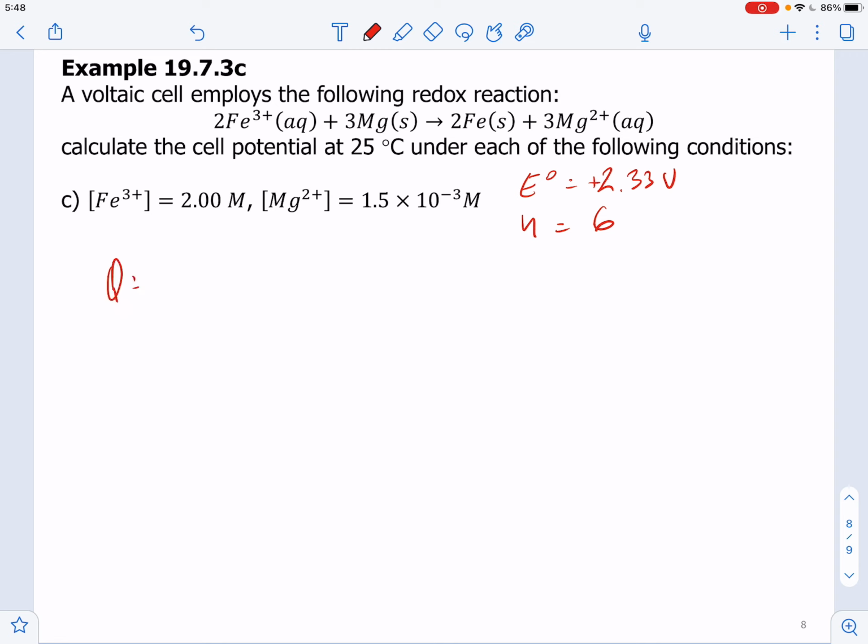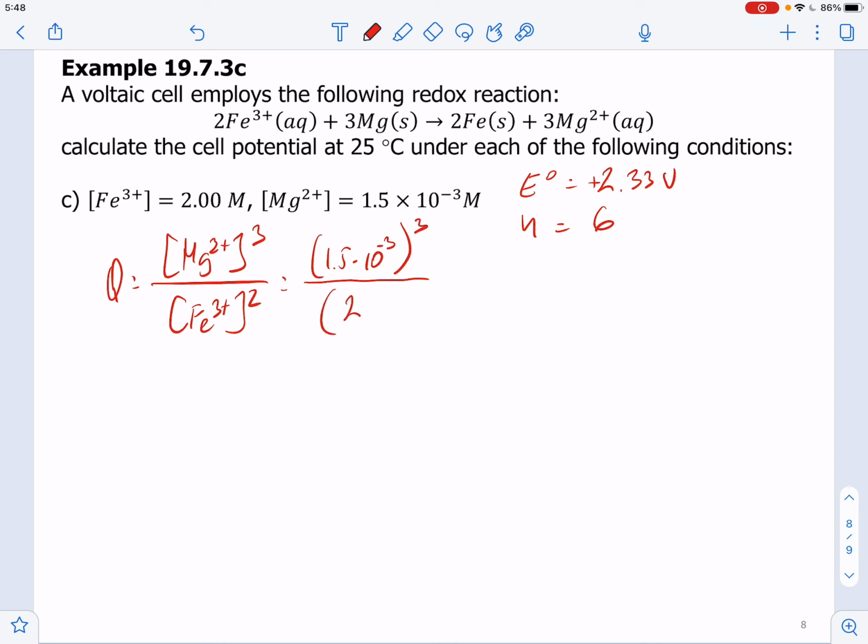So Q is equal to magnesium 2 plus cubed over iron 3 plus squared, and this is equal to 1.5 times 10 to the negative 3 raised to the power of 3 divided by 2 squared. Q in this case is now 8.44 times 10 to the negative 10. So it's a much smaller number now.